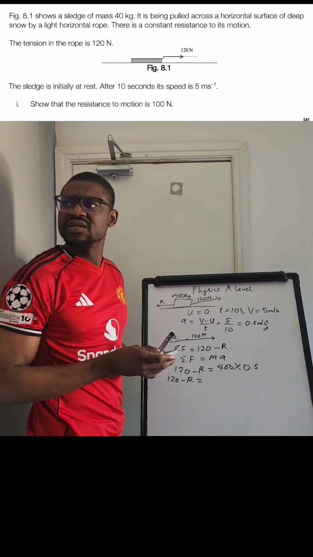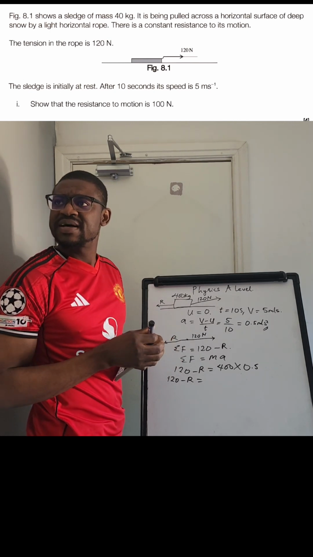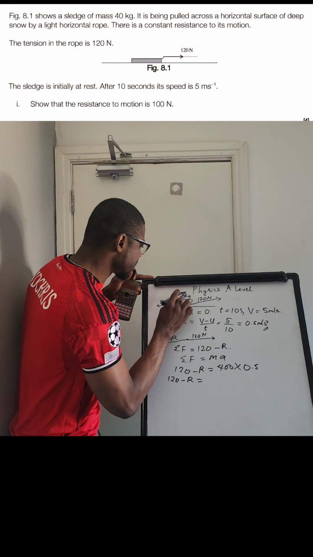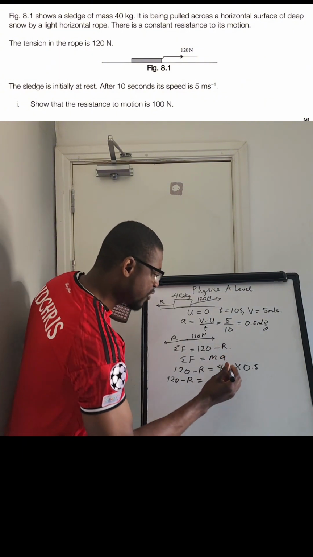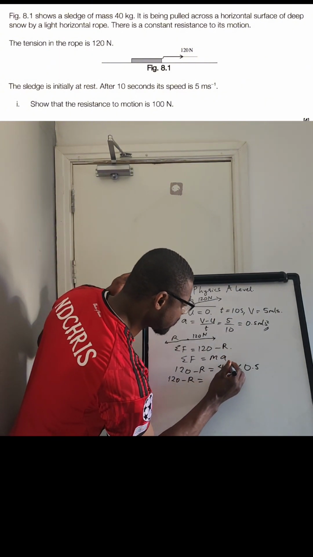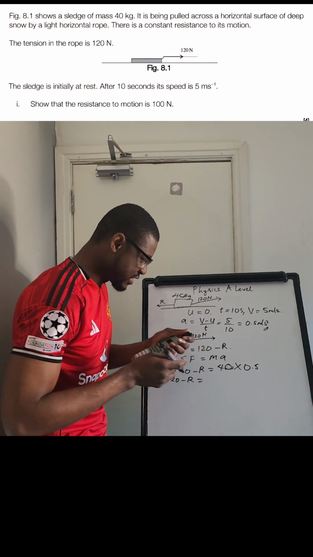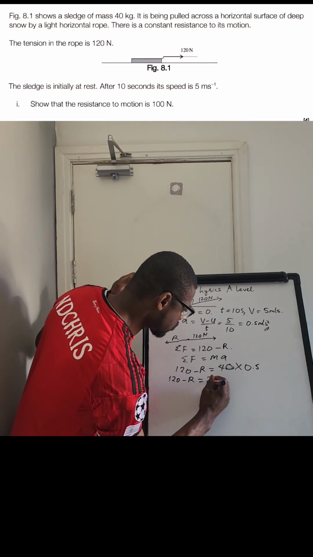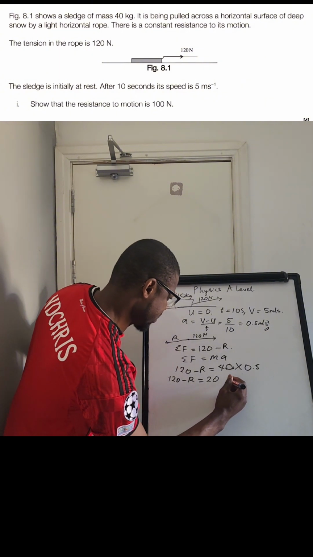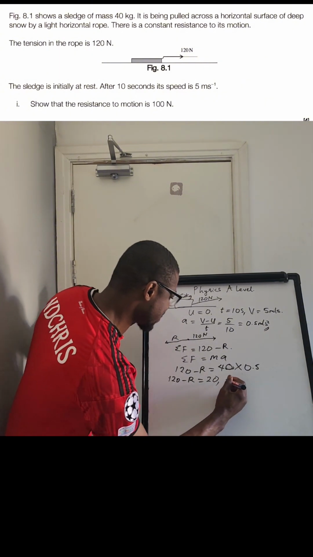From the question, what was the mass given to us? Sorry, it's 40. So we're using 40, not 400. So 40 is the mass of the sledge, and that will give us 20 here.